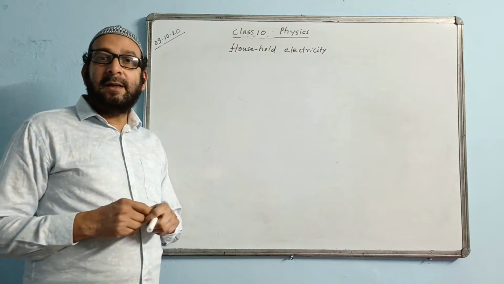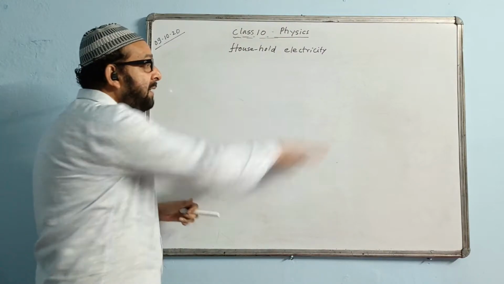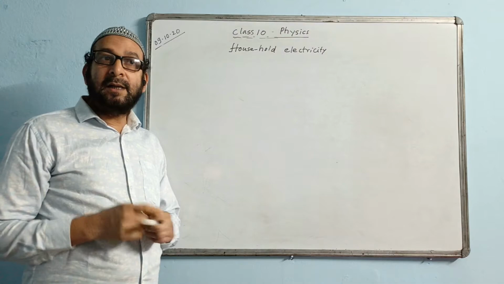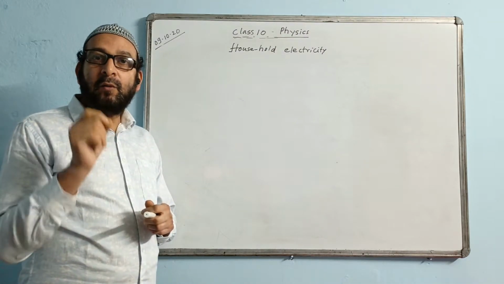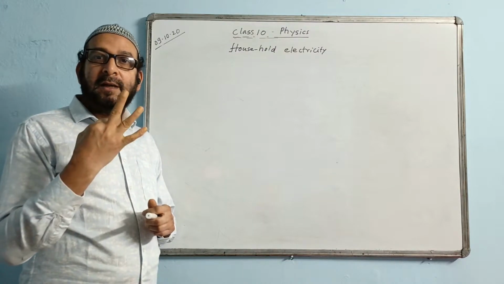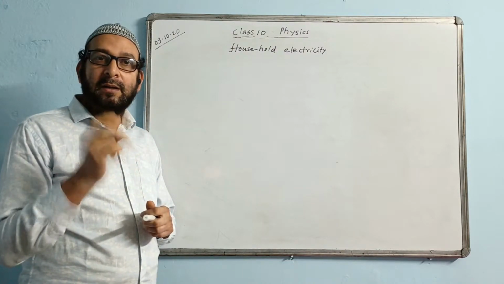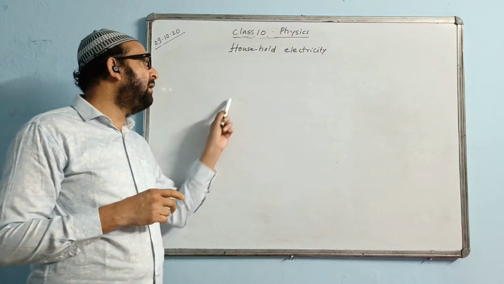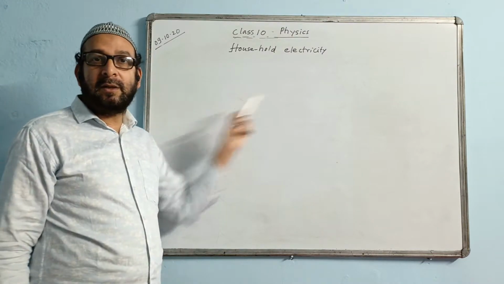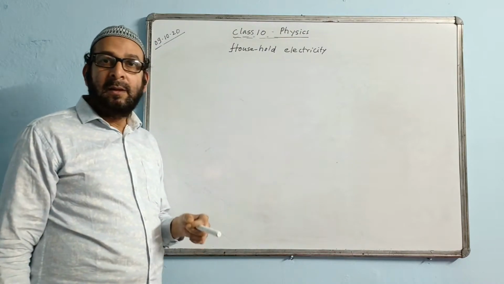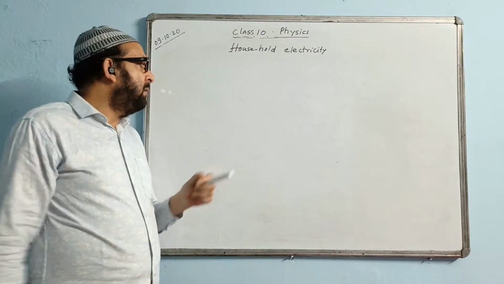So we should not use copper wire in any case, otherwise the purpose of the fuse will be defeated. A fuse is always connected in series with the live wire only. There are three kinds of wire; yesterday I said live, neutral and earth wire. It is always connected with the live wire, because through the live wire the current enters the appliance or enters the home.